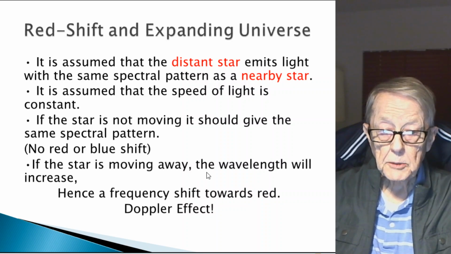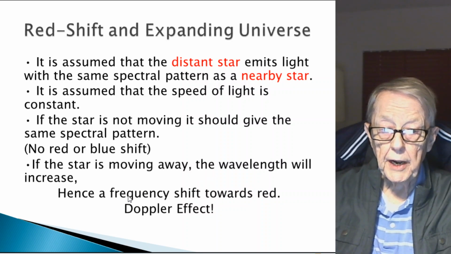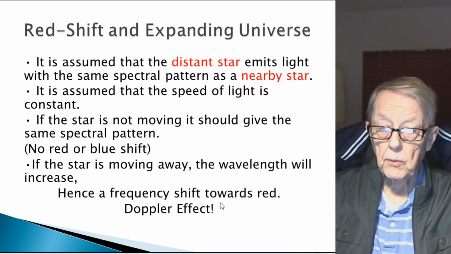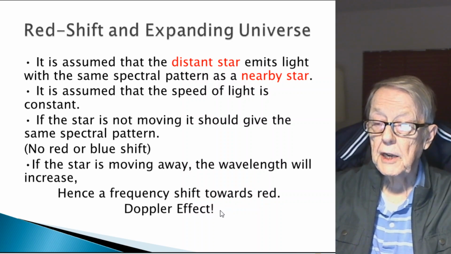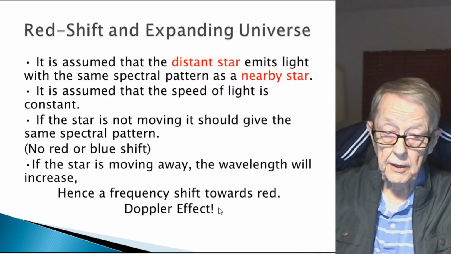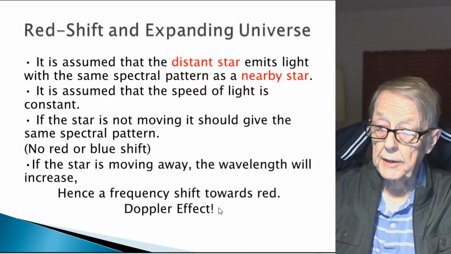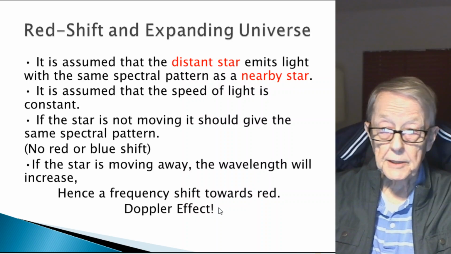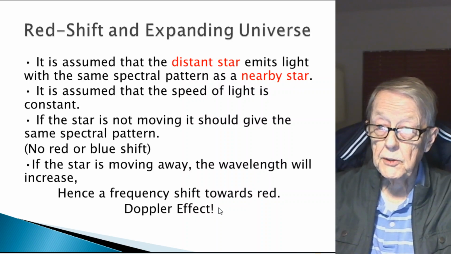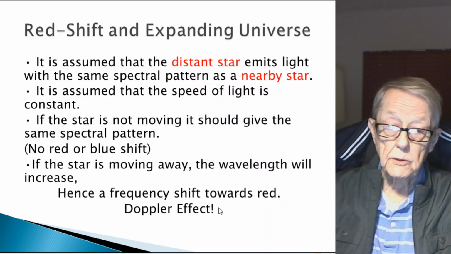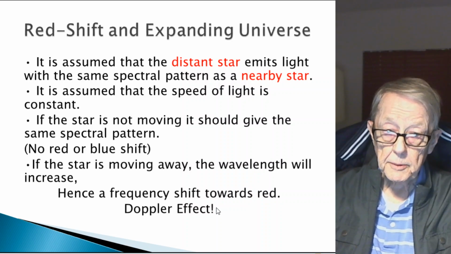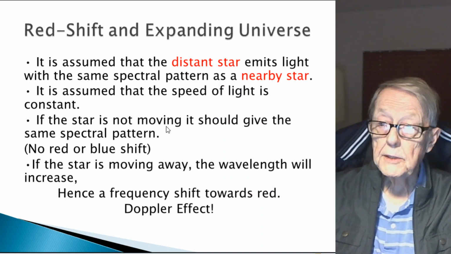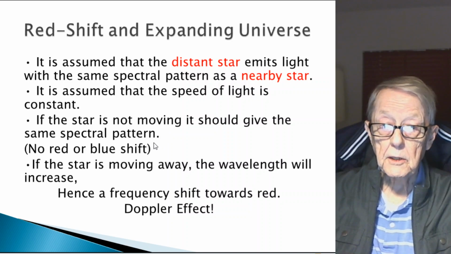So if the star is moving, you have a frequency shift towards red. And this, of course, is just like the Doppler effect that you hear from a siren on an ambulance or a police car going by. It's higher as it comes at you, and it fades way lower as it goes away. Same principle. But you have to make all these assumptions to come to that conclusion.